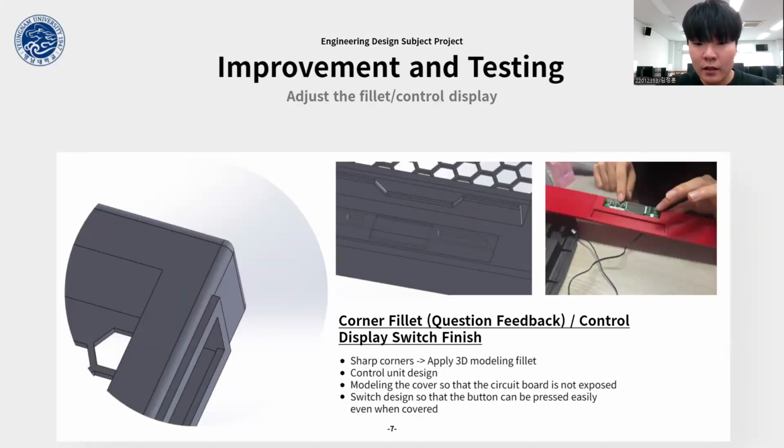After that, based on the feedback from other teams that the edges were sharp, we applied a fillet to solve this problem. We also made a model cover so that the circuit board of the control display was not exposed, and designed the switch so that the button would work well even with this cover.